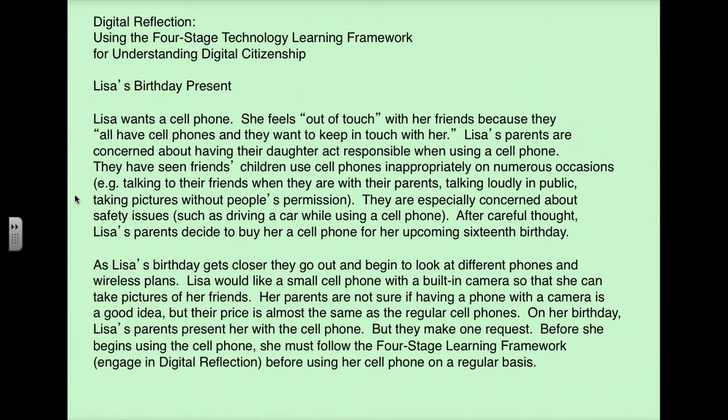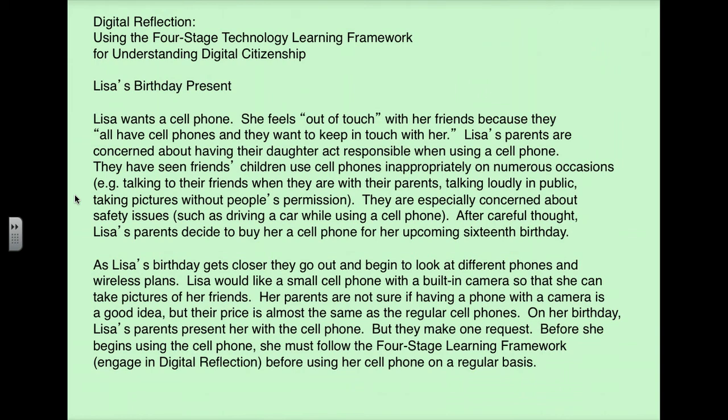So let's look at an example here. This one is one that we're all very familiar with. Lisa gets a cell phone. She feels out of touch with her friends because they all have cell phones and she doesn't.